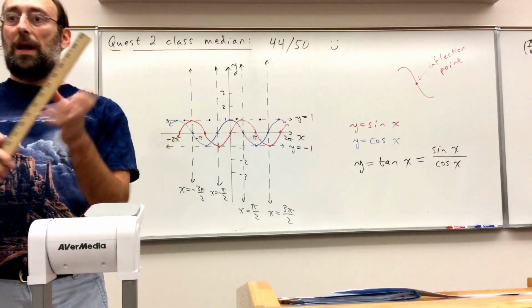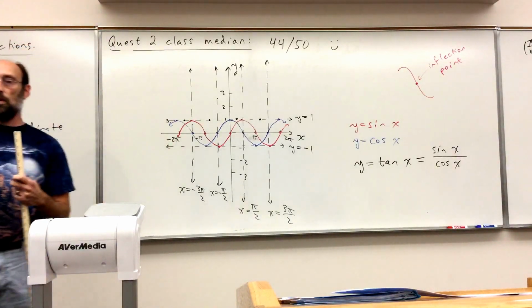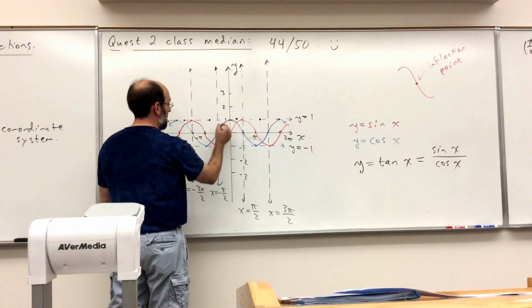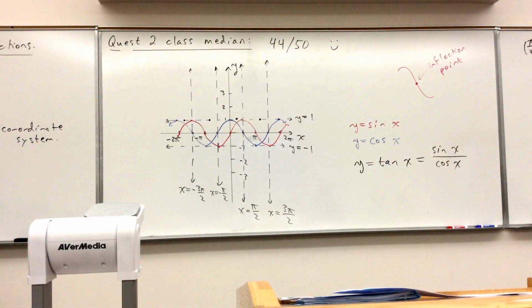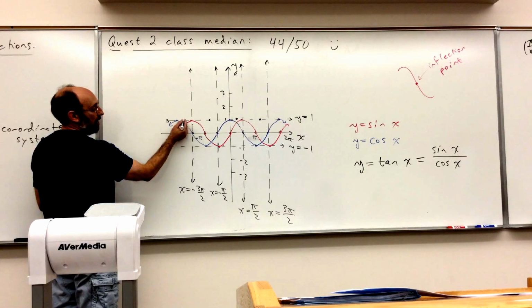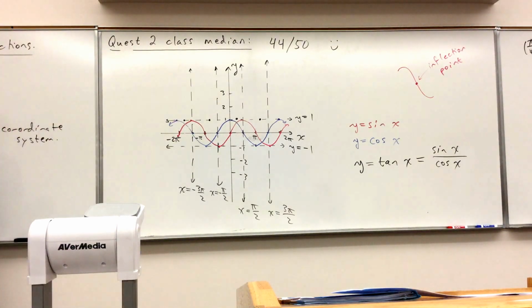So when the sine and cosine have the same function value, the ratio of equal numbers is always 1, unless those numbers are 0. But neither of these points satisfy y equals 0, right? So the ratio is always going to be 1. So wherever sine equals cosine, I'm going to put 1 for my tangent, because sine over cosine will be 1, okay?